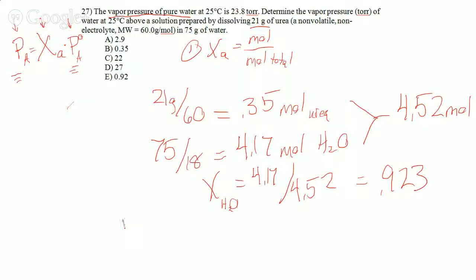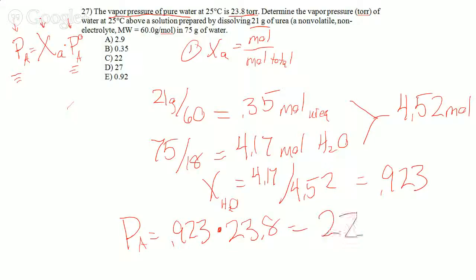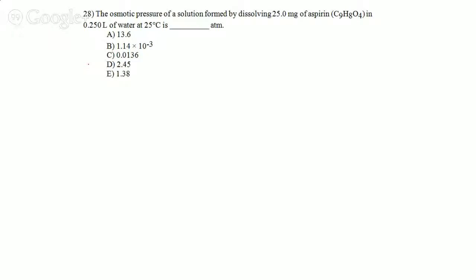So now we can plug it into that equation. PA equals 0.923 times the standard vapor pressure that it should be, 23.8. And you get 22 torr, which would be choice C. All right. 28.